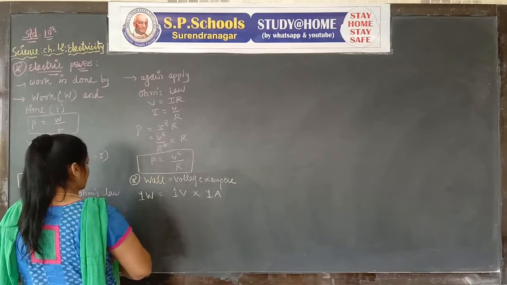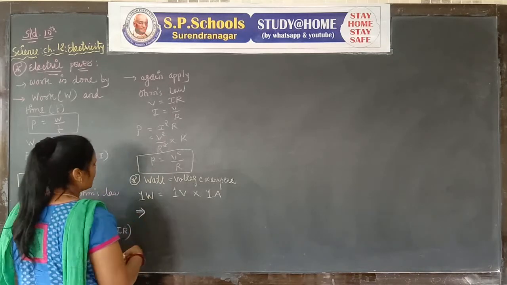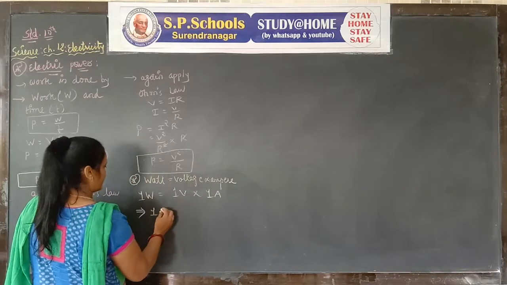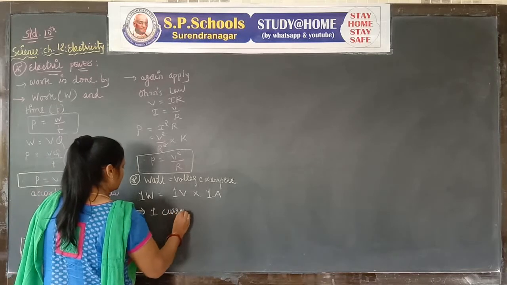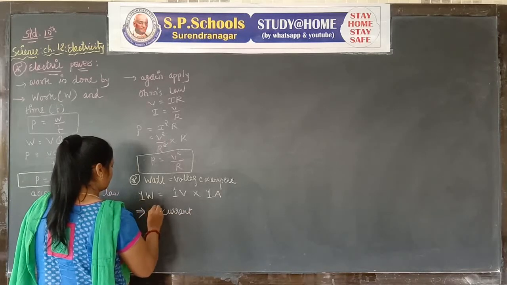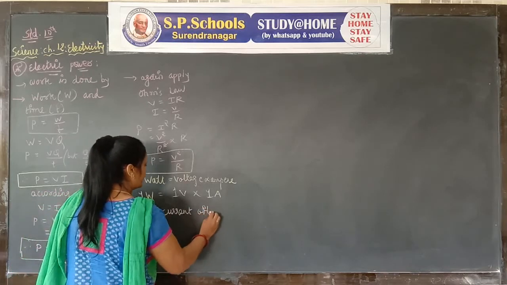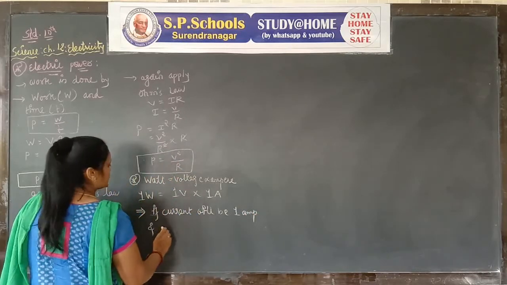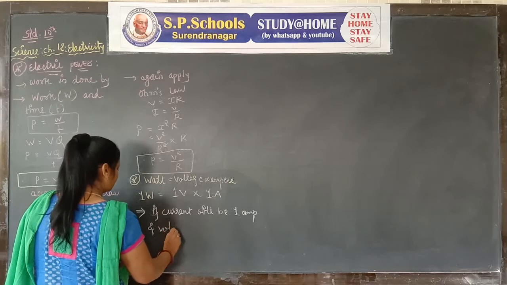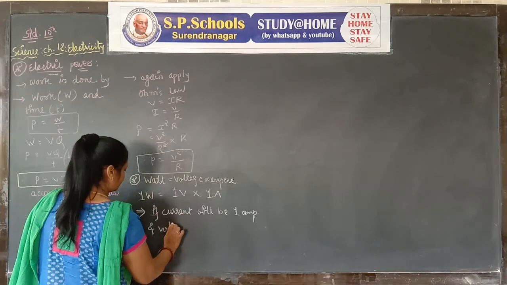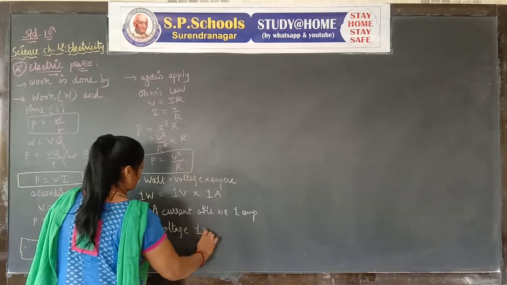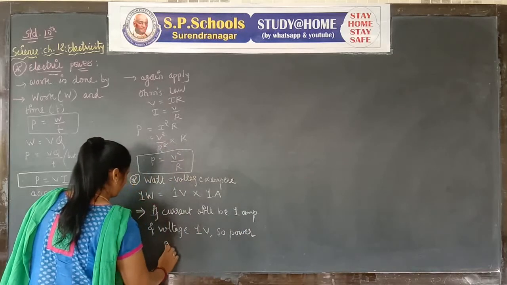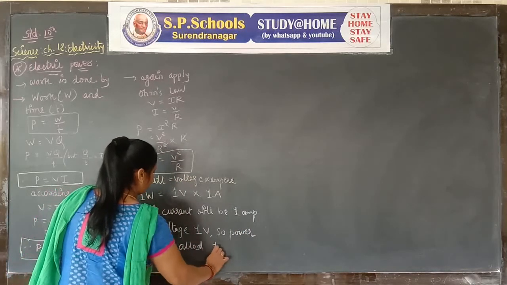So the definition: 1 watt of power is consumed when the current is 1 ampere and the supply voltage is 1 volt. So power is called 1 watt.